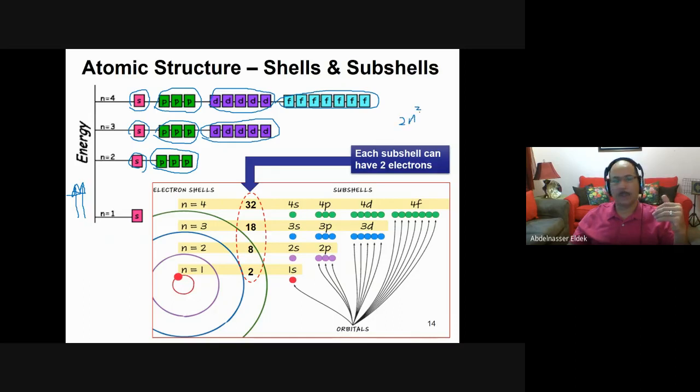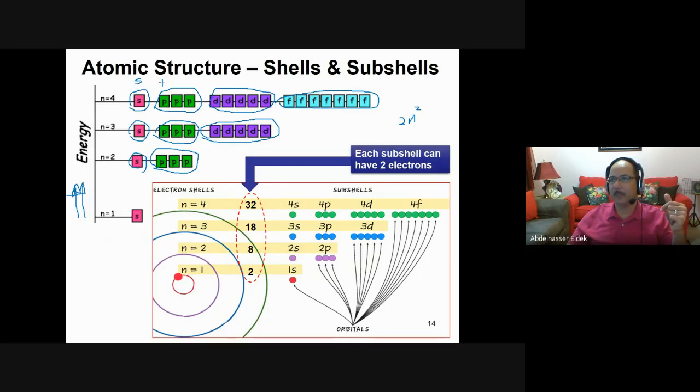So if n is equal 5, n square will be 25, then 2 times 25 is 50. So you have up to 50 electrons. So of course this means that you have 25 variations here.